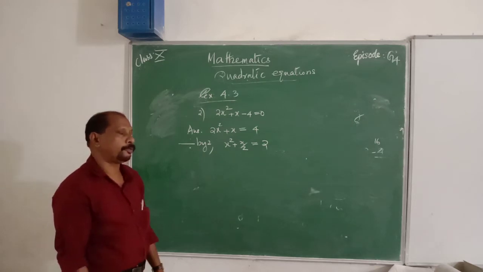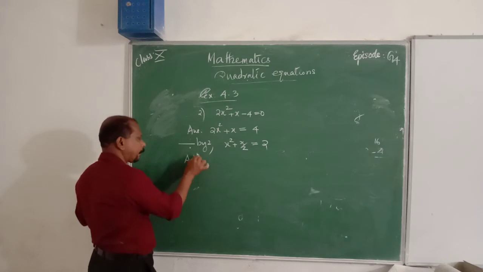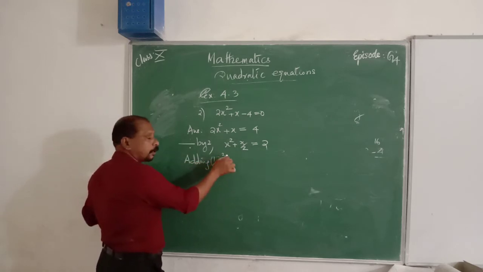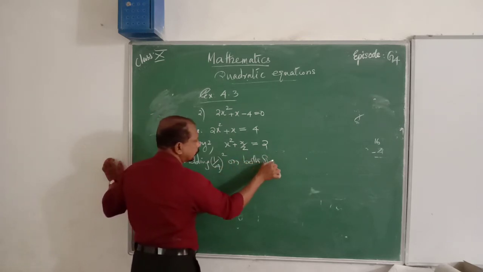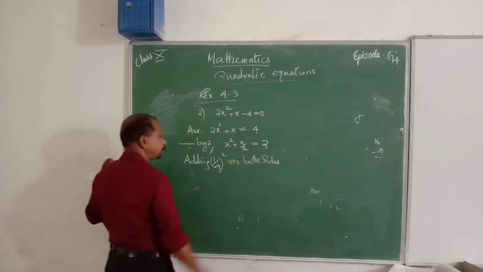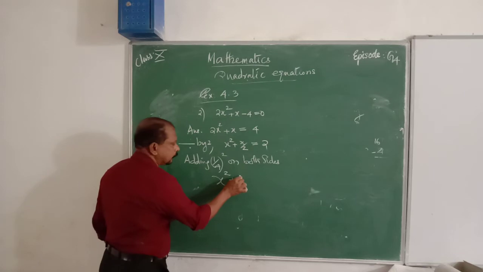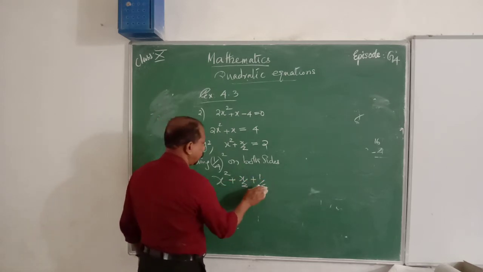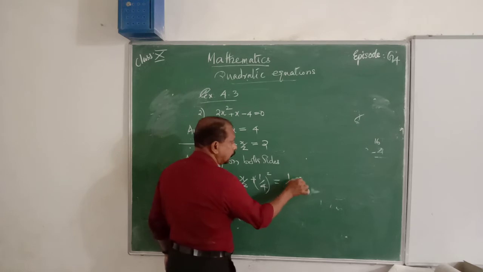Half of 1 by 2 is 1 by 4. Therefore, adding (1 by 4) the whole square on both the sides. Then the equation is x square plus x by 2 plus (1 by 4) the whole square is equal to (1 by 4) square, which means 1 by 16, plus 2.